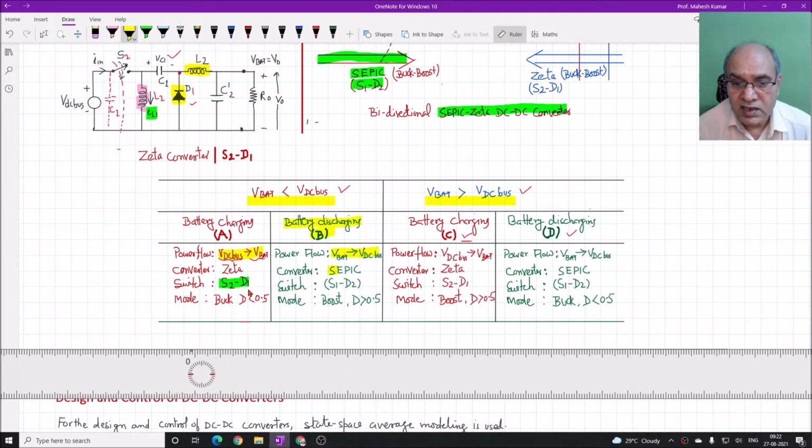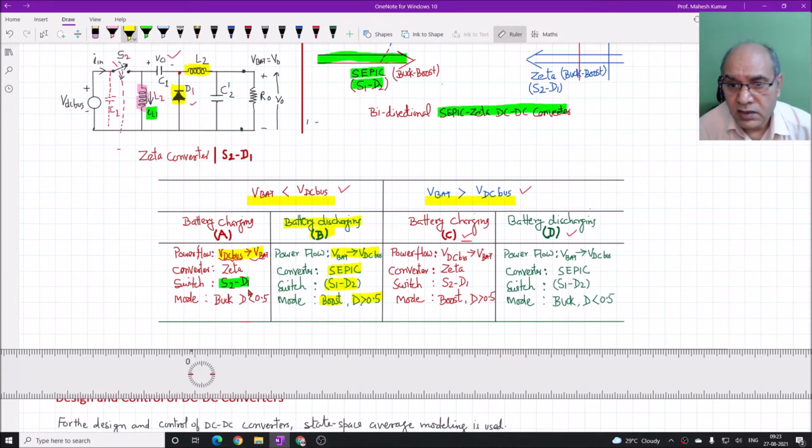So the converter is SEPIC and the switch combination is S1 and D2. And what is the mode of operation? It is a boost, because battery has a lower voltage and DC bus has a higher voltage, so we are transferring power from low voltage to high voltage, therefore it must be operating in the boost mode with a duty cycle more than 0.5.